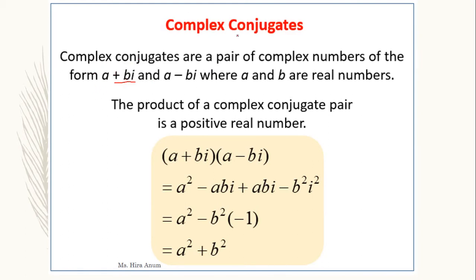The product of a plus ib and a minus ib is a squared minus aib plus aib minus b squared i squared. The value of i squared is -1, so it becomes a squared plus b squared.